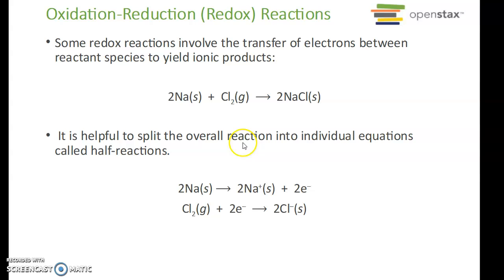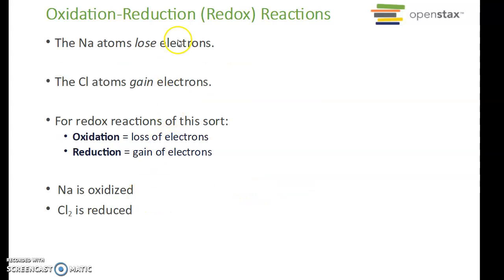It's helpful to split the overall reactions into individual equations called half reactions. So this right here is +2 electrons, gives you 2 Cl minuses here. 2 of these with a 0 gives you 2 pluses, 2 electrons. So the sodium atom loses electrons, the chlorine atom gains electrons.